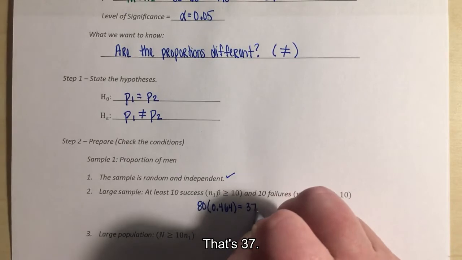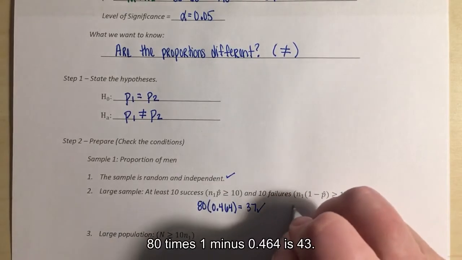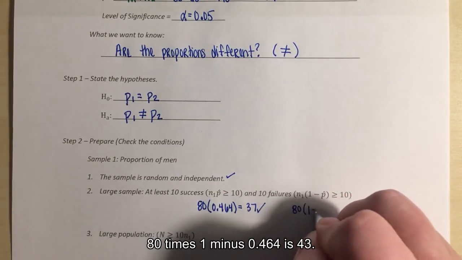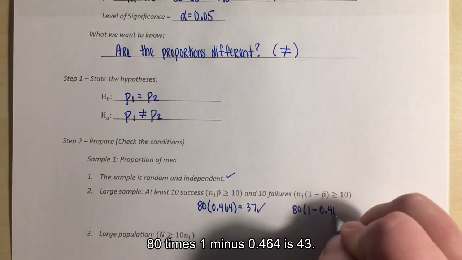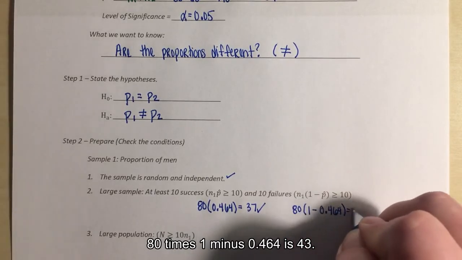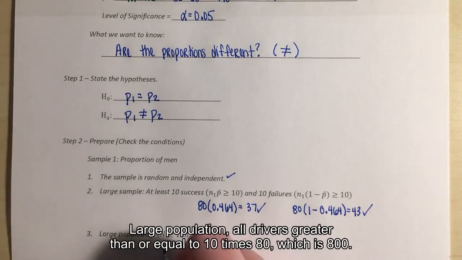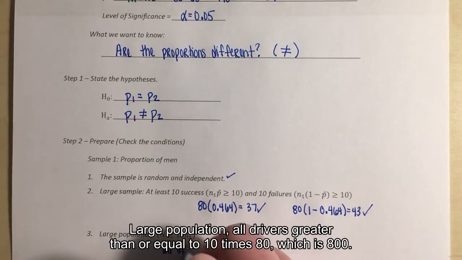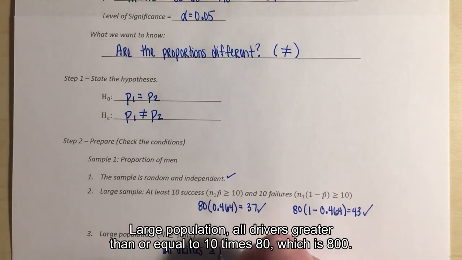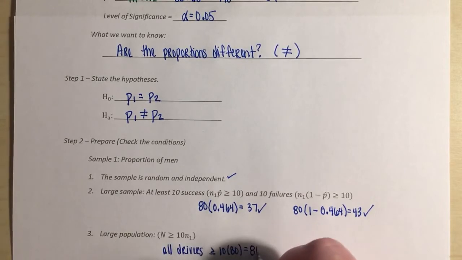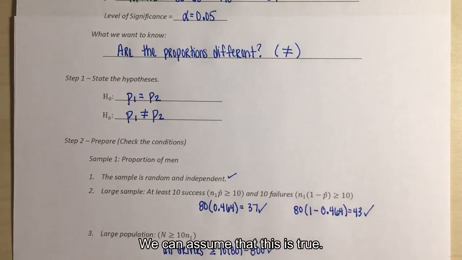That's 37. 80 times 1 minus 0.464 is 43. Large population, all drivers, greater than or equal to 10 times 80, which is 800. We can assume that this is true.